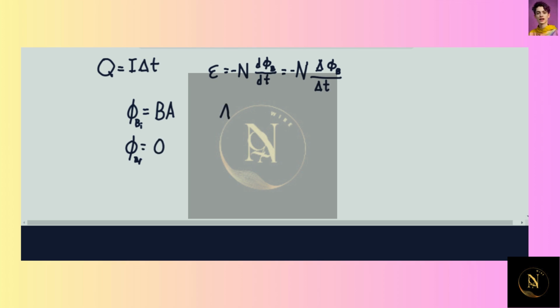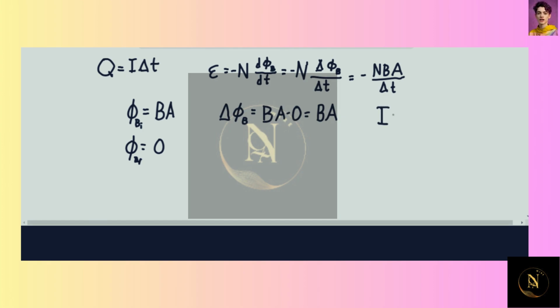So based on that information, we know that delta phi sub B, the change in magnetic flux, is equal to B times A minus 0, or simply B times A. So we can substitute that into our induced EMF expression and rewrite it as minus NBA over delta T.